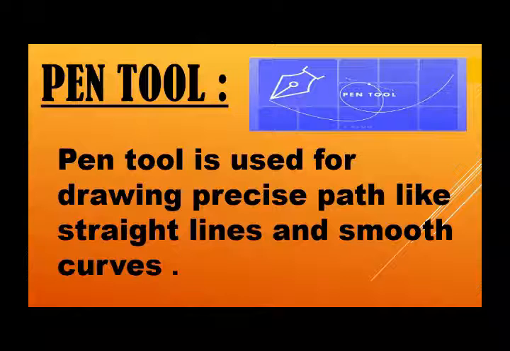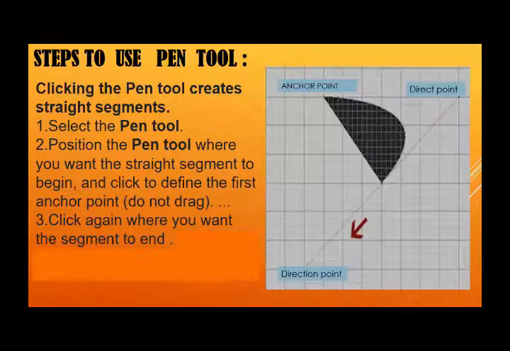Now, moving on to the steps. How can we use the pen tool in Adobe Flash? Steps to use the pen tool. Click the pen tool. Create straight segments. The first step is to select the pen tool. It means that whenever you are using any of the tools in Flash, you have to select it first from the toolbox. Then position the pen tool where you want the straight segments to begin and click to define the first anchor point.